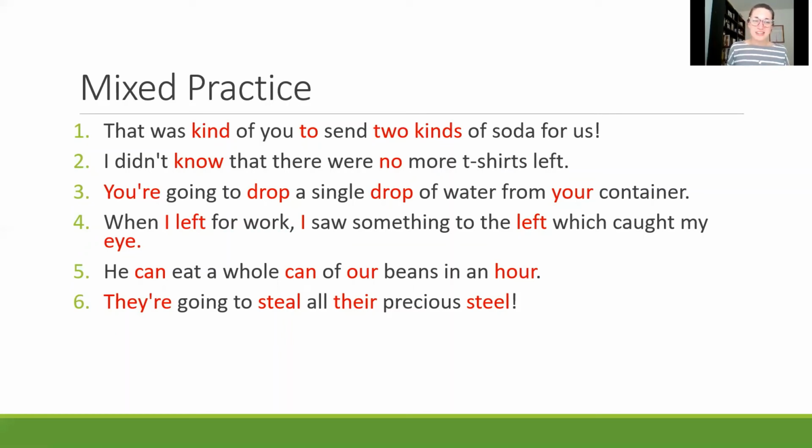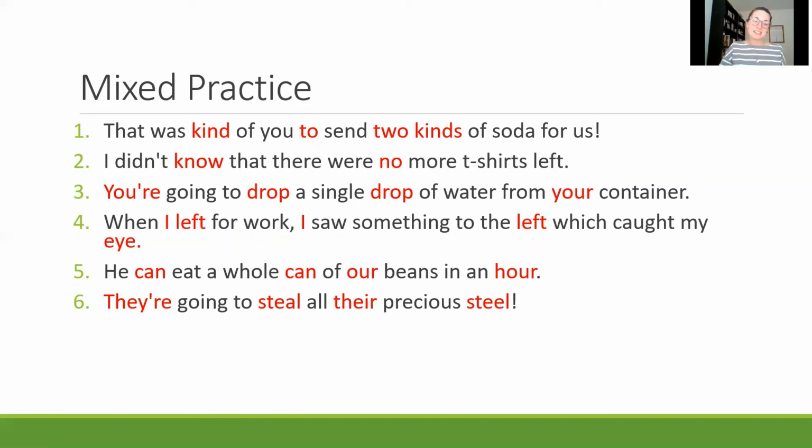Now, 4 says, when I left for work, I saw something to the left which caught my eye. Now, this one has a number of different homonyms and homophones. First, we see I and I, I as in me, and eye as in the body part, E-Y-E. And we also see left and left. So left meaning the past tense of leave, and left meaning the opposite of right. So the first one, we see that action, and the second one, we see the location or place.